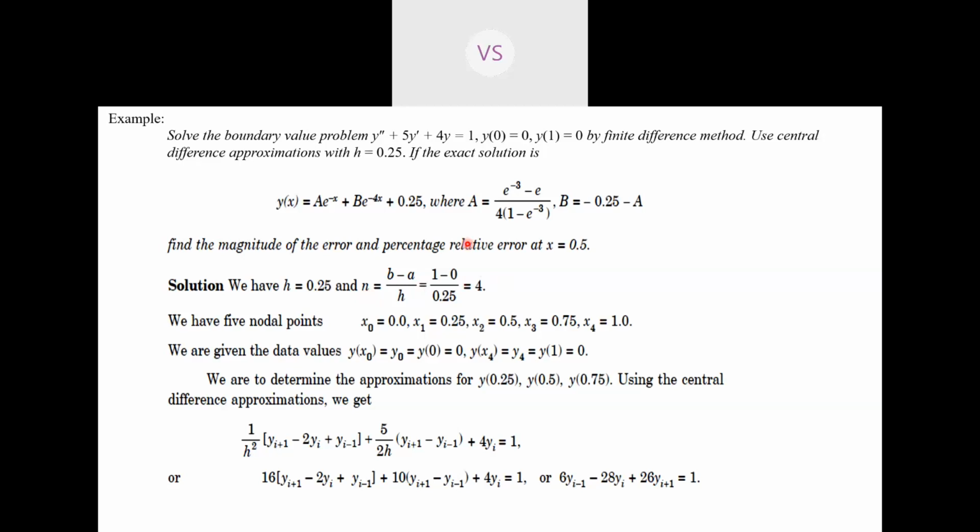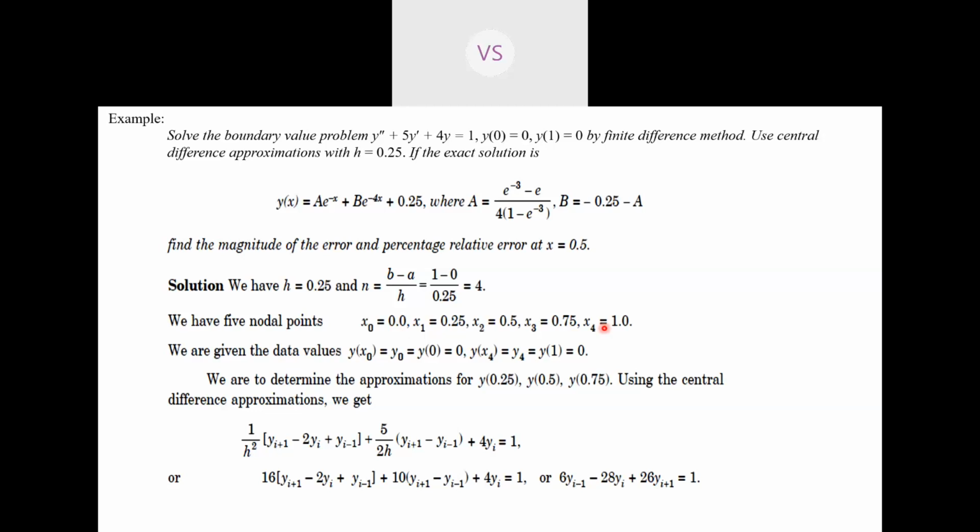Initial value of x is 0, final value of x is 1, as you can see from the given data. The increment is 0.25. So the first value of x will be 0, then x1 is 0.25, x2 is 0.5, x3 is 0.75, and x4 is 1. Like this, we will have 5 values of x starting from x0 to x4.